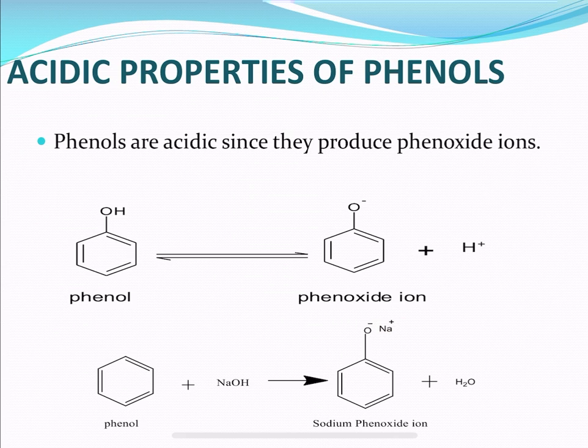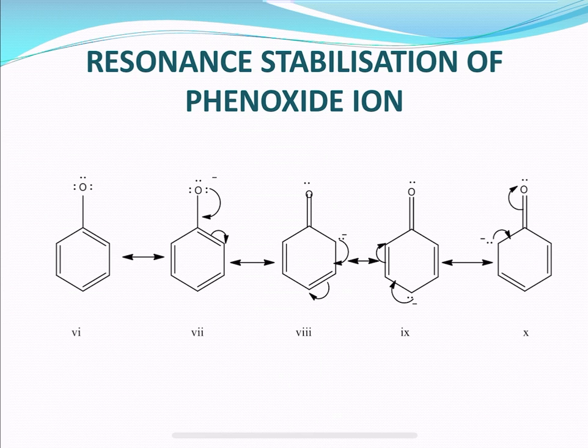That sodium phenoxide is more stable, just like benzene, and its stability is due to resonance. The negative charge on the oxygen of the phenoxide ion is delocalized through resonance structures. These are the different resonance structures, just like we observe in benzene.